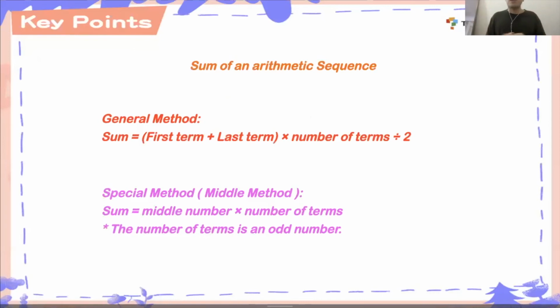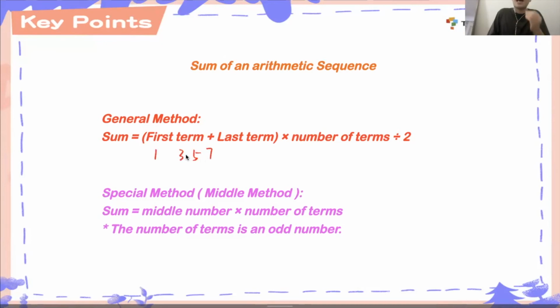Okay, for the next part, that is sum of an arithmetic sequence. And we have a general method that is sum is first term and last term times number of terms divided by 2. Do you remember how we have this method? We just have one arithmetic sequence like 1, 3, 5, 7.